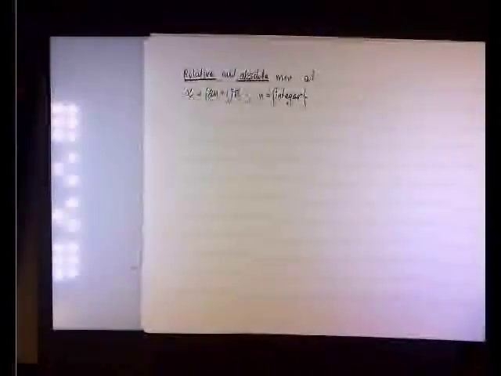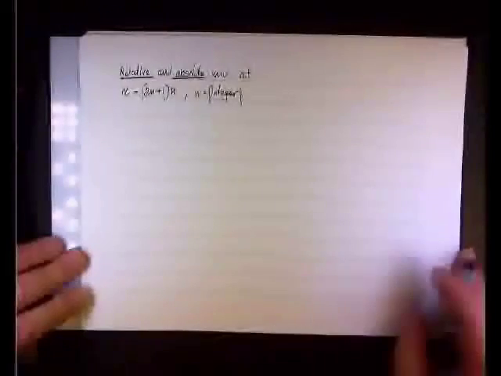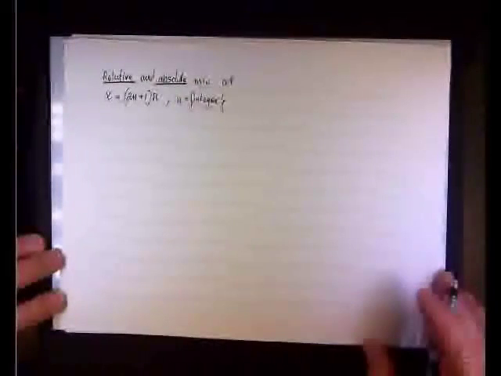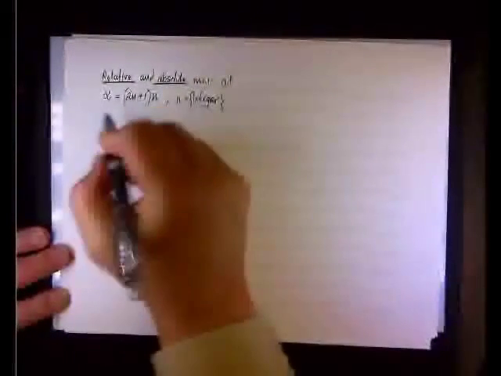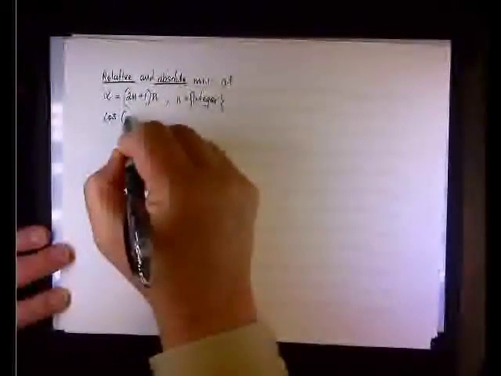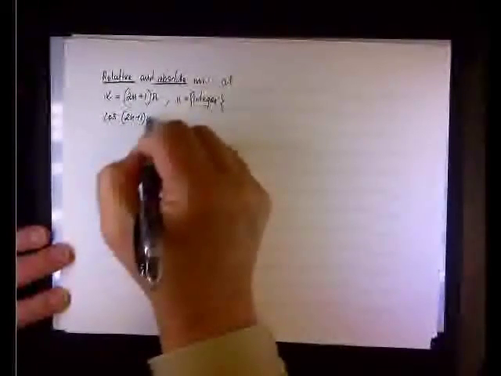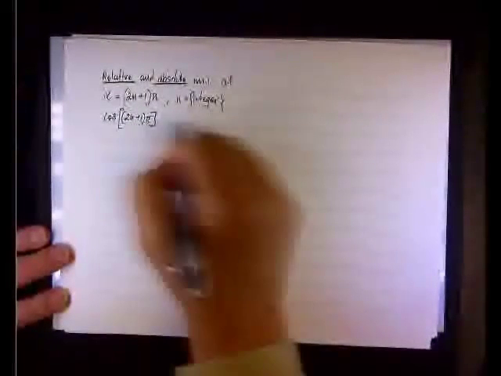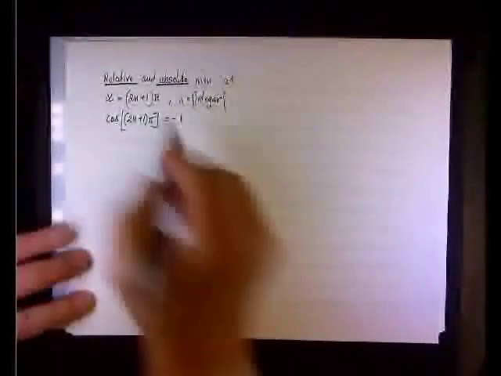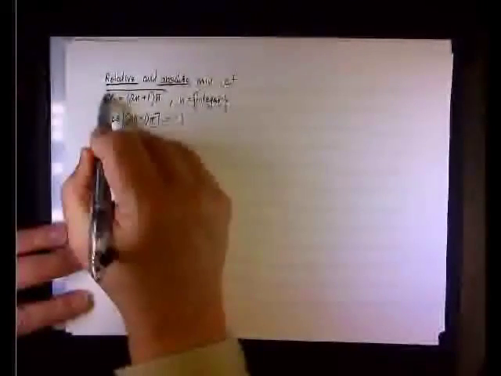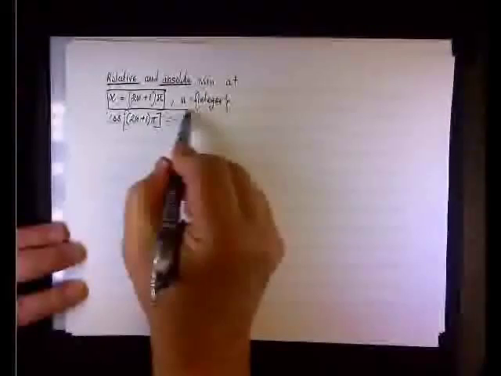So n can be negative 5, negative 3, negative 1, positive 3, positive 5, and so on. Okay, the value of cosine of (2n plus 1) pi is, of course, negative 1. So this was the deal for this particular function.